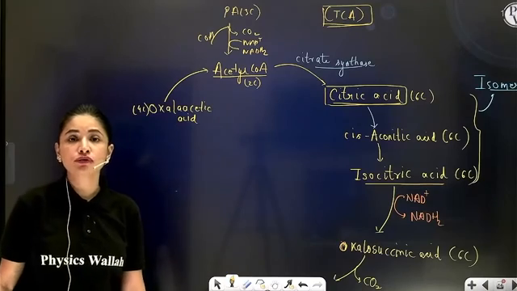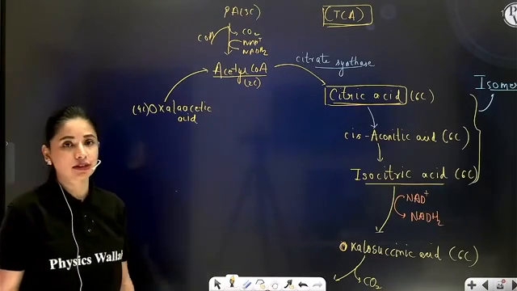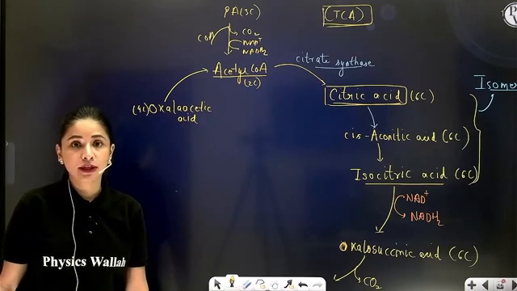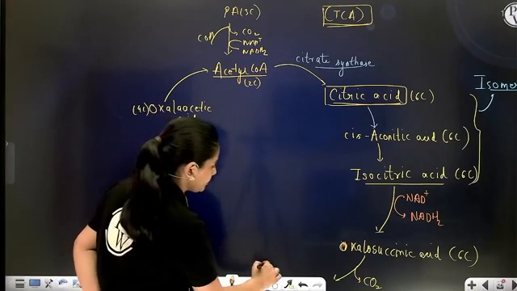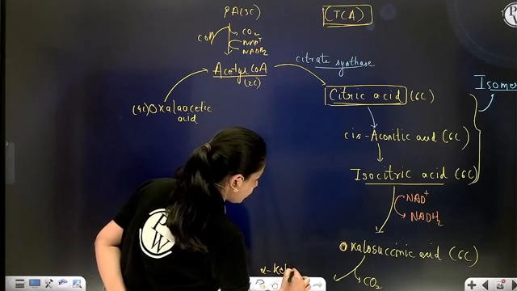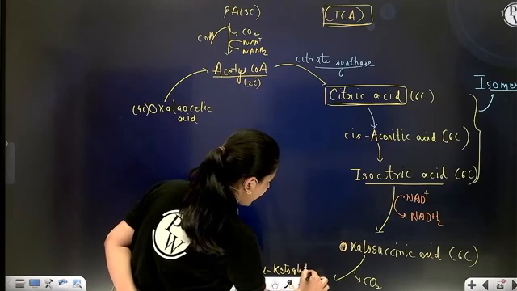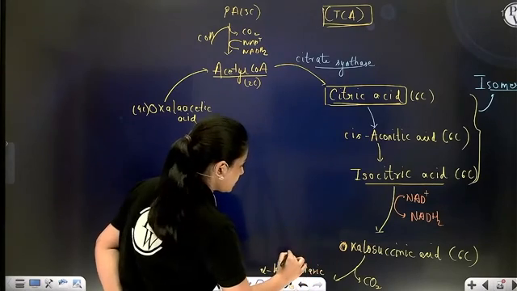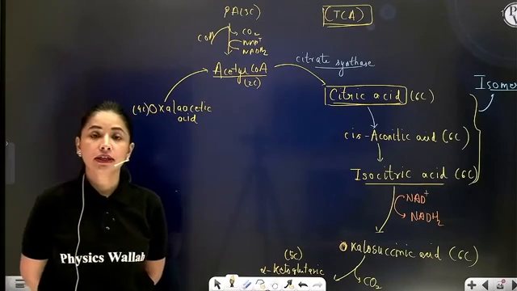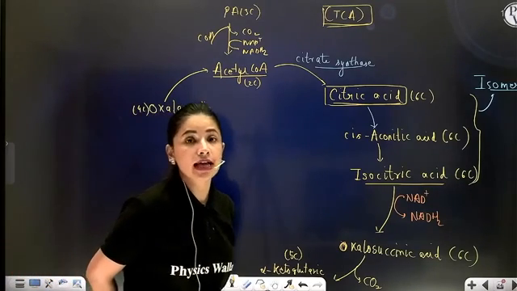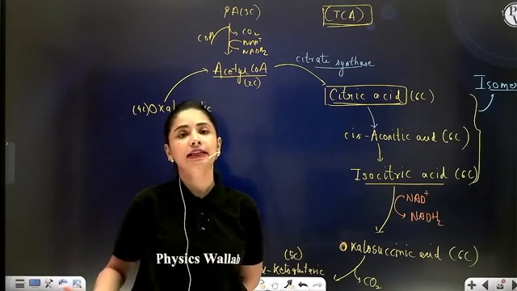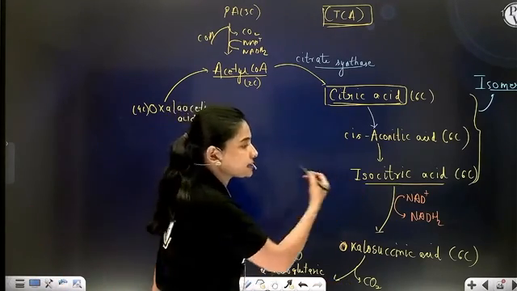Now, this 6-carbon compound, oxalosuccinic acid, my dear students, will now undergo decarboxylation. It will remove the first CO2 of acetyl coenzyme A, the first carbon in the form of CO2, to produce another intermediate, that is alpha ketoglutaric acid. This is a 5-carbon compound which is produced after decarboxylation of oxalosuccinic acid, or you can say simply oxidative decarboxylation of isocitric.